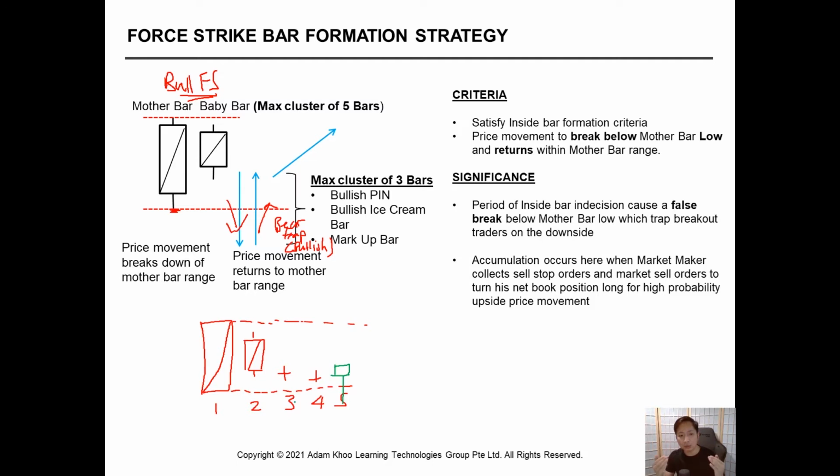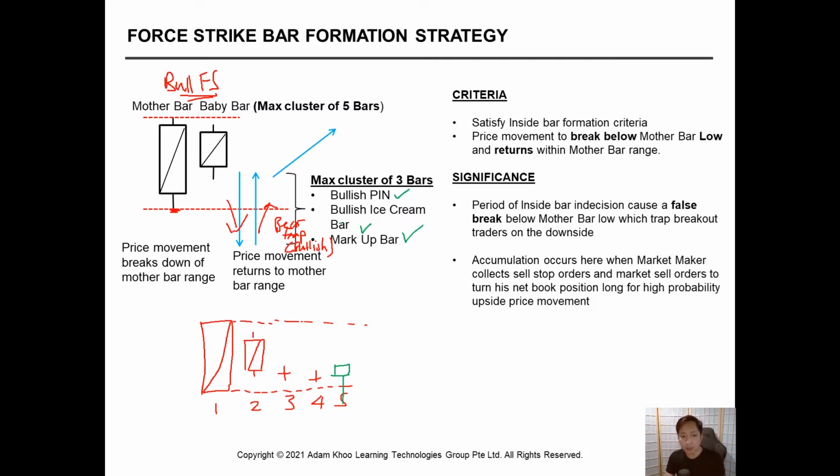As long as price trades below the mother bar low, I repeat, it can be any bar that trades below the mother bar low, on the third, fourth, or fifth bar, or price action just gaps down. As long as price traded below the mother bar low and the price comes back as one of the 3 bullish EXE, bullish pin, bullish ice cream, or bullish markup bar, we consider this to fulfill the bullish FS criteria.